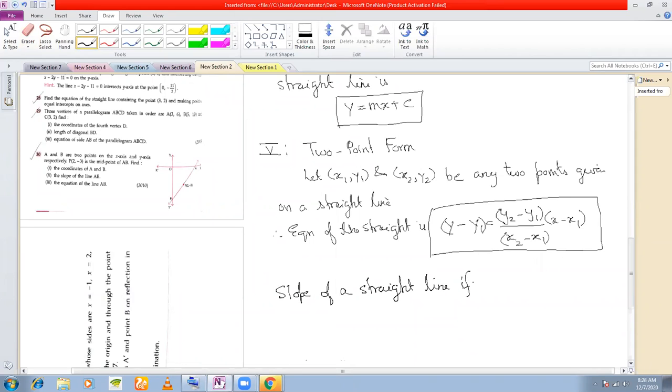If any 2 points x1 y1 and x2 y2 are given, are points on it, let's say.